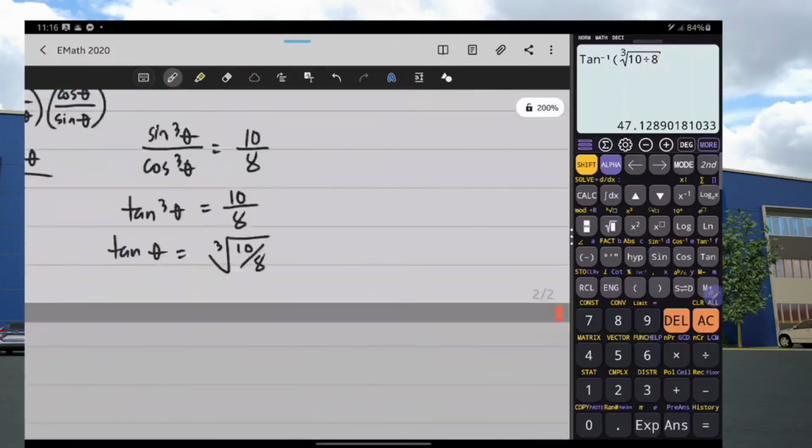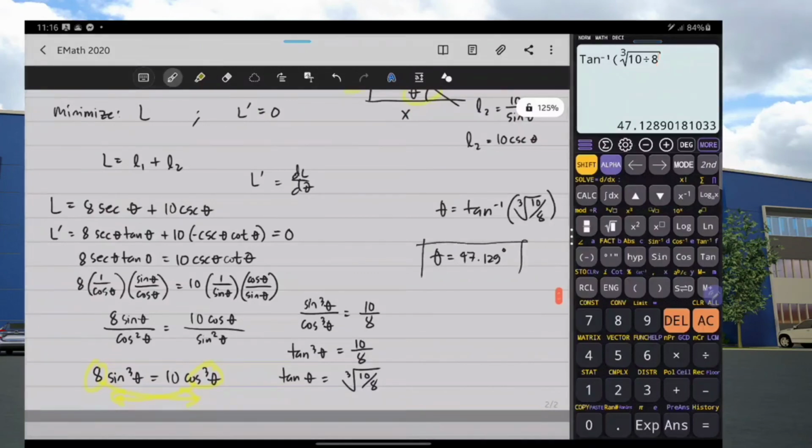Okay, then this is the angle of inclination for the shortest ladder. Para shortest ang ladder, ito yung angle of inclination.